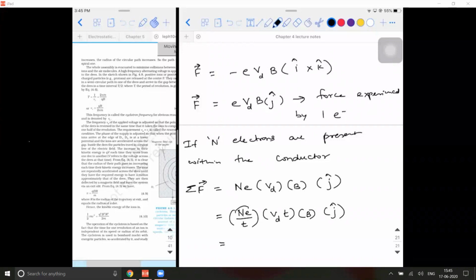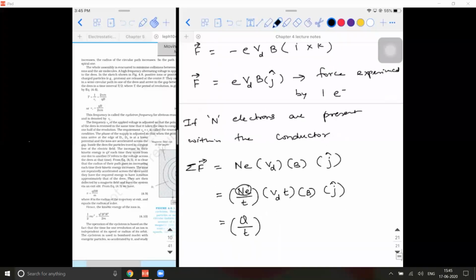So what is N into e according to the first chapter? It is the quantization of charge, the total charge flowing through the conductor, divided by t. And what is speed into time? It is nothing but the distance. The distance across which the electrons are traveling is the length of the conductor, L, into B in the direction of j cap.